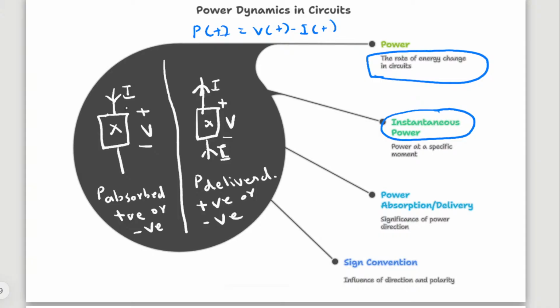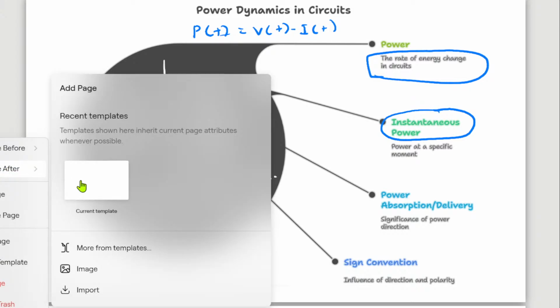Let's consider an example. P absorbed, here P delivered.